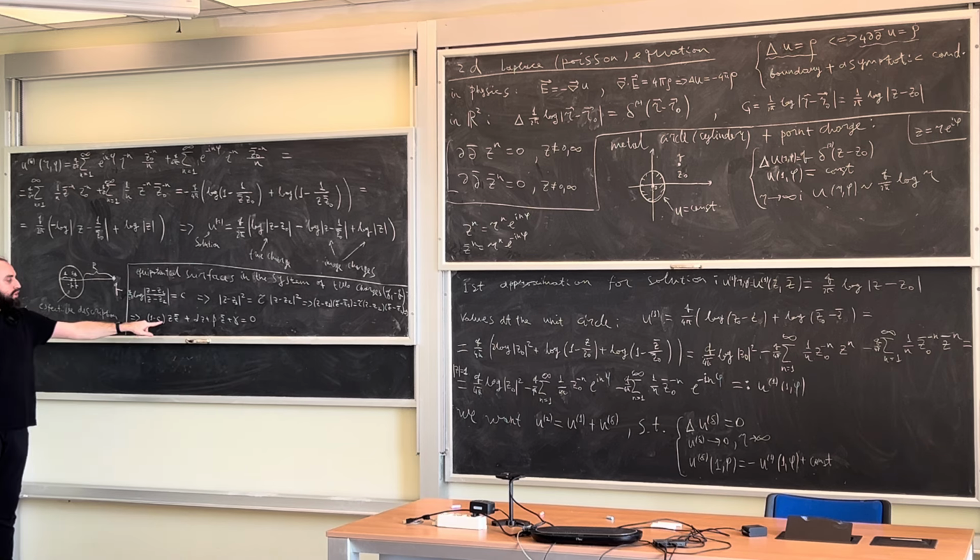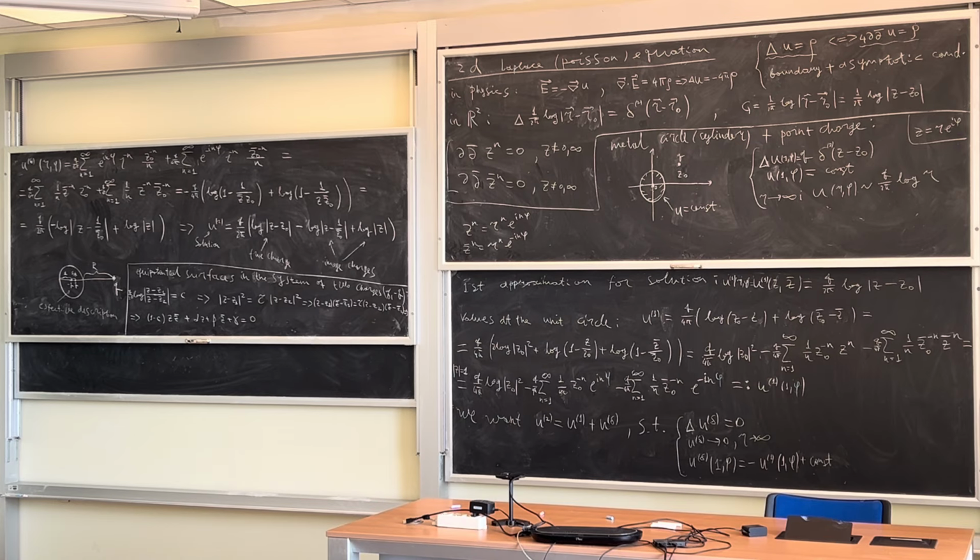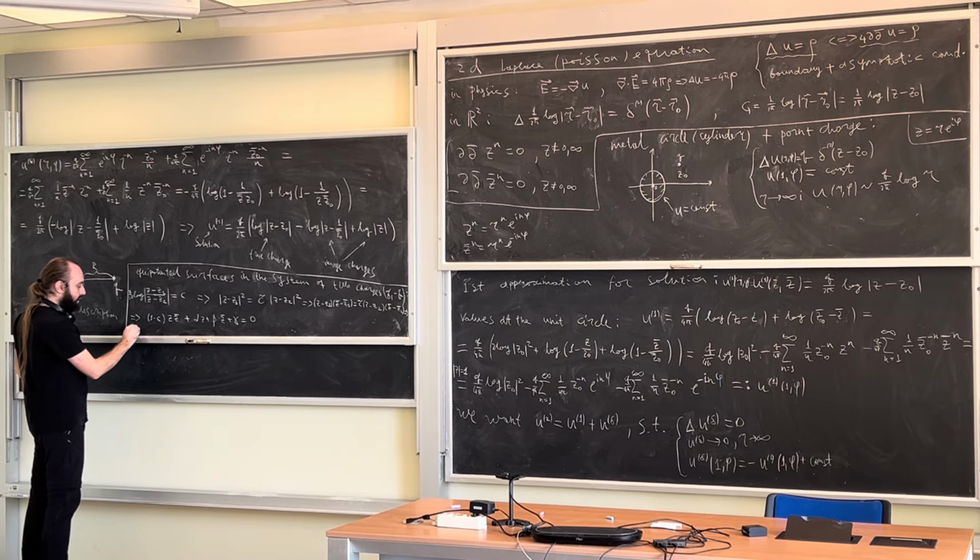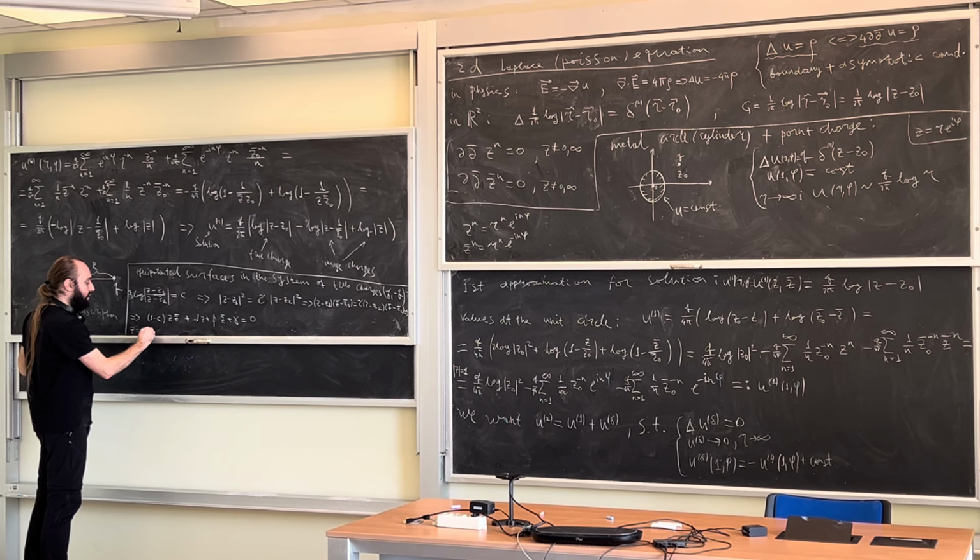And what is the curve in the complex plane that is described by this equation? For example, what happens if you try to rewrite it in x and y variables? So z is x plus iy.